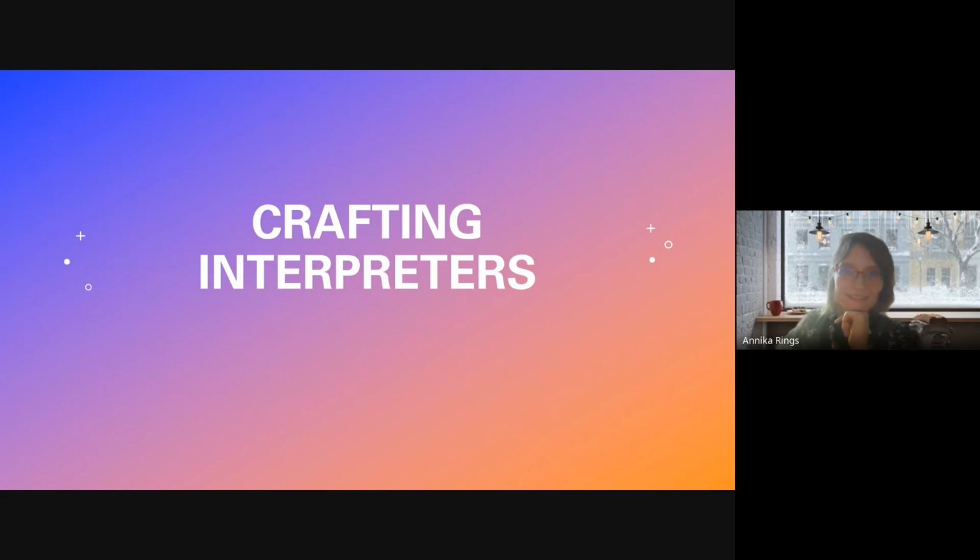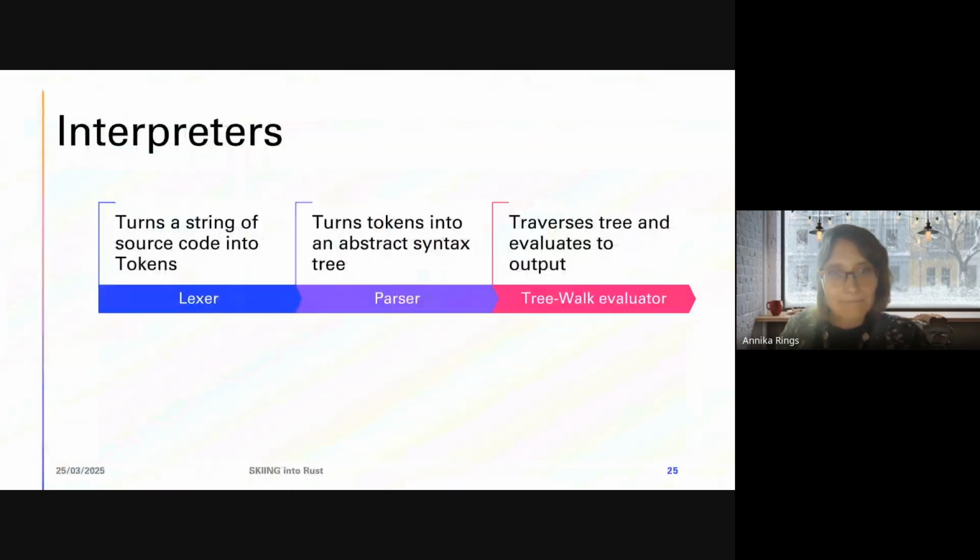So now I want to shift gears and finally talk about interpreters. Because the whole idea of the project was to write an interpreter for the SKI system. And by an interpreter, in a very simple view, I mean it has a lexer, which turns a string in the source code into tokens.